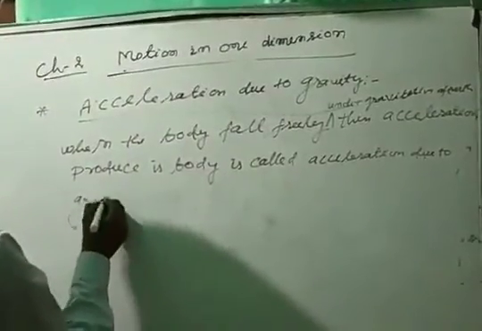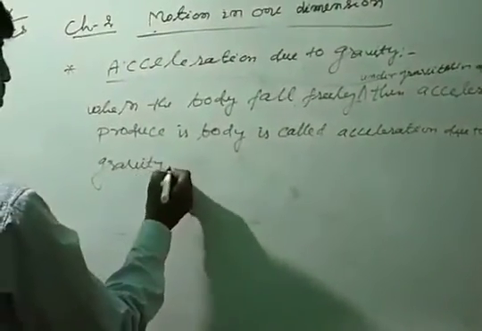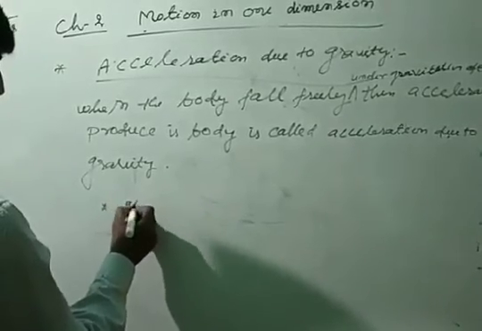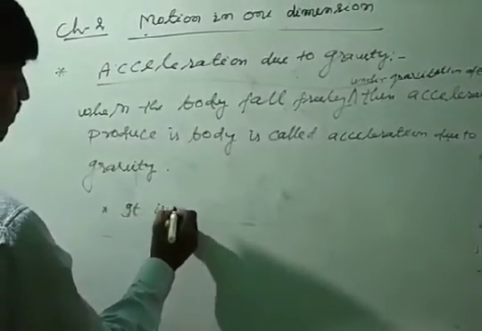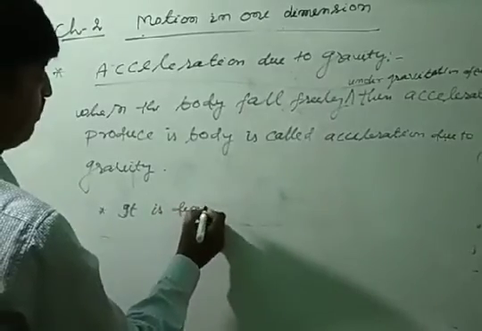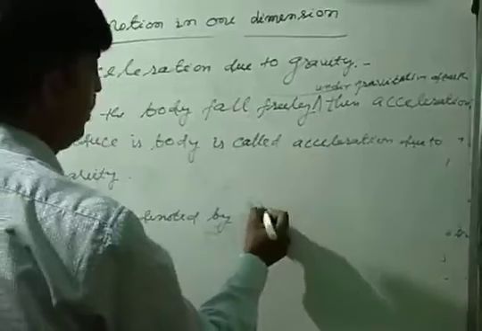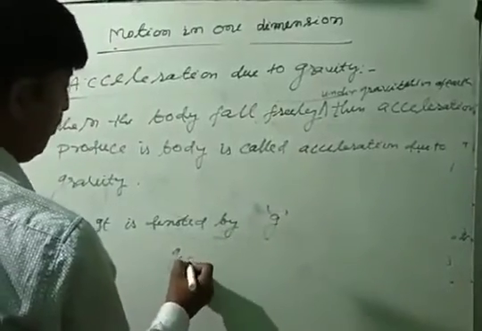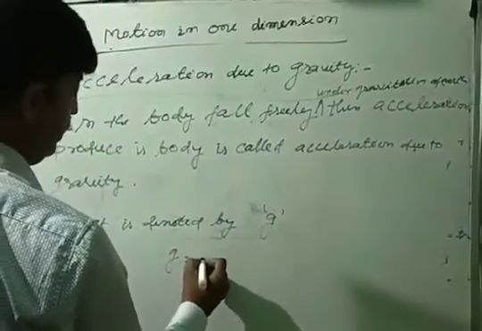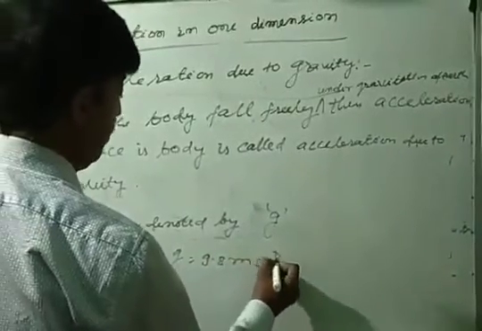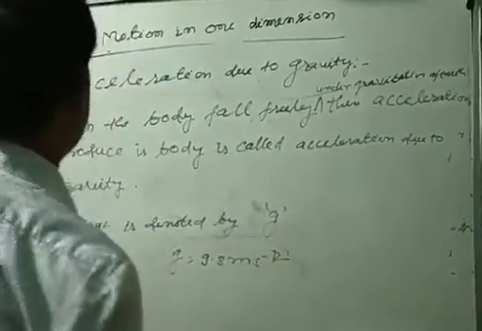It is denoted by small g, and the value of g is 9.8 meter per second square on the surface of the Earth.